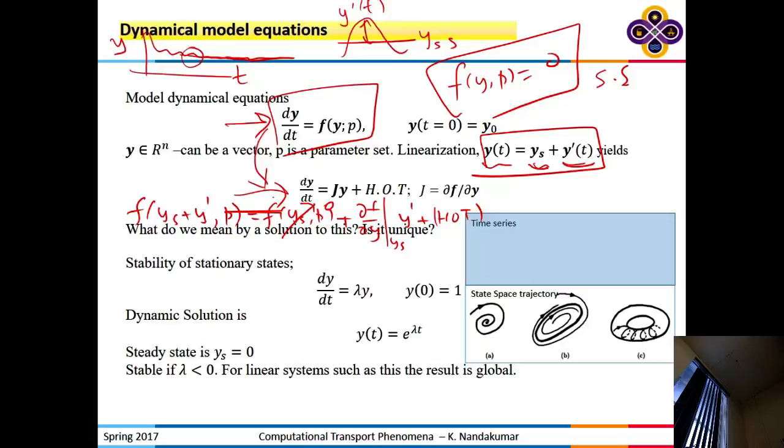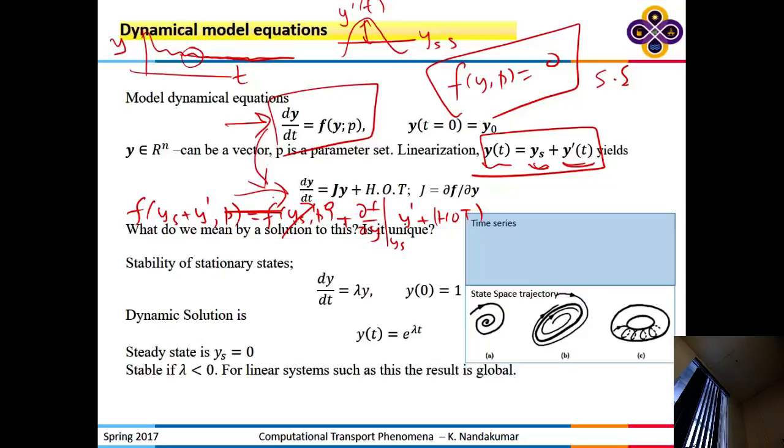Right? But the idea is, if you give me any PDE, I can do the discretization of the spatial variables, reduce it to an ordinary differential equation. If I understand the dynamics of an ordinary differential equation, I can understand the dynamics of more complicated flow problems. Okay? So, it is this derivative that contains the information about whether it is stable or not.